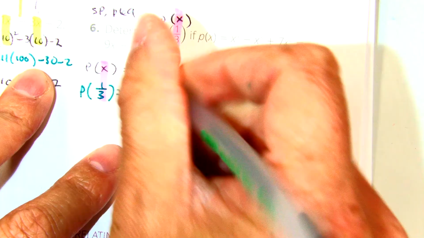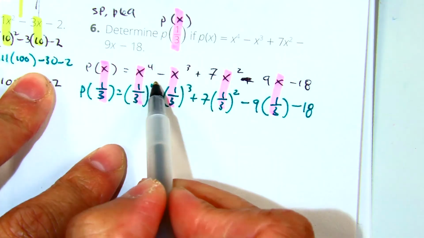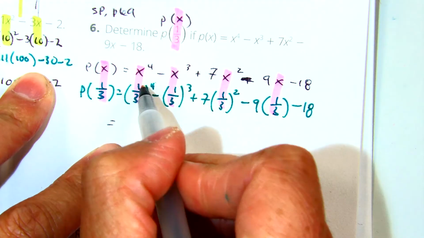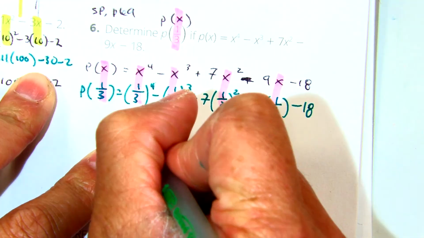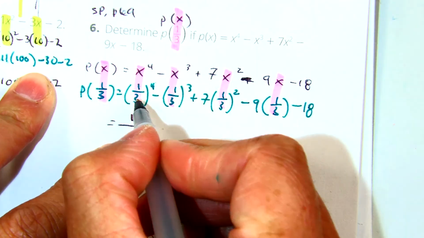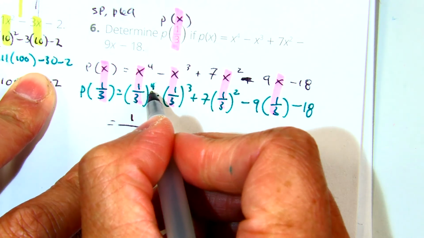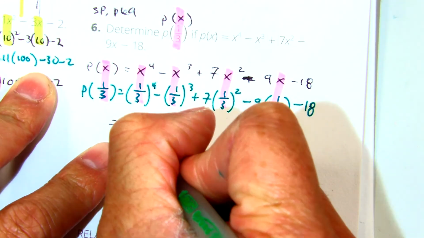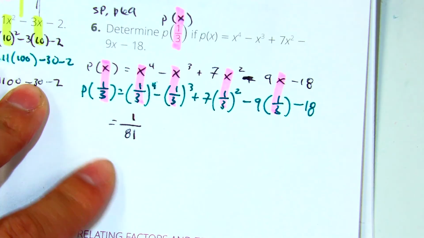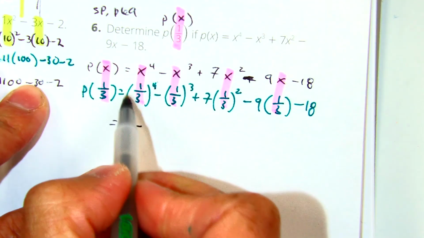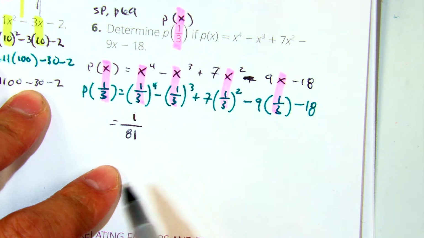And really what this means is 1 to the 4th power. So that's 1 times 1 times 1 times 1, which is just 1. And this one's going to be 3 to the 4th power, which is 81. Or you can think of it as 1/3 times 1/3 times 1/3 times 1/3.